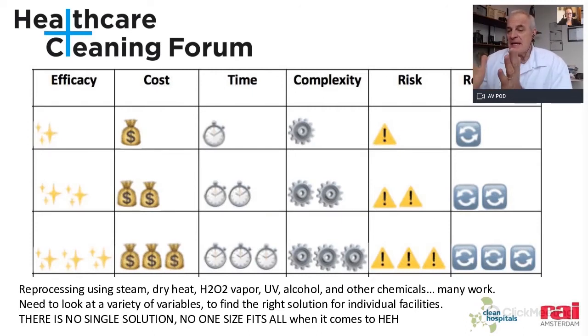So it may be that it will be a problem in New York, in Boston, in Australia, in London, whoever and wherever. So it's very important to understand that you need to look at a variety of variables to find the right solution for individual facilities to actually react appropriately to the lack of these very important tools and resources that you are missing.